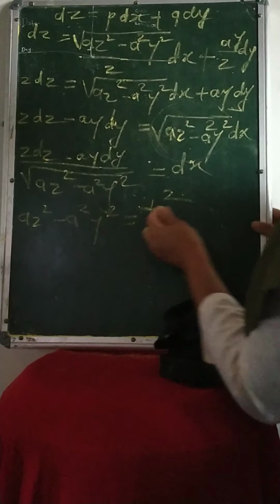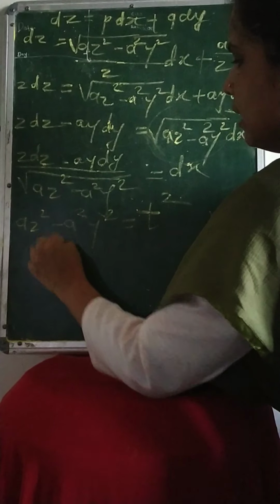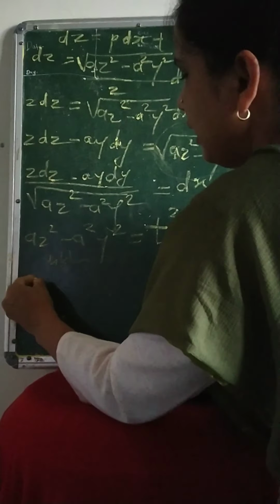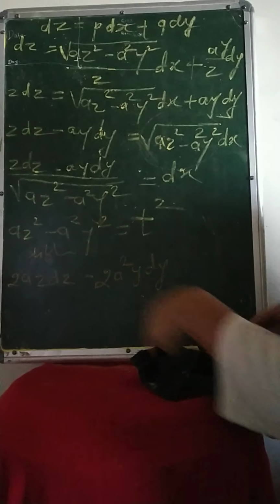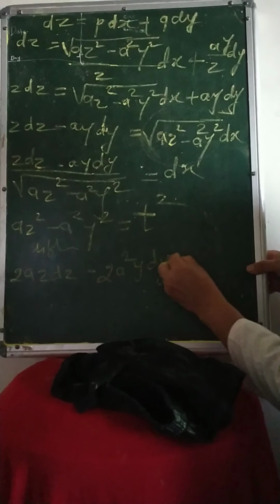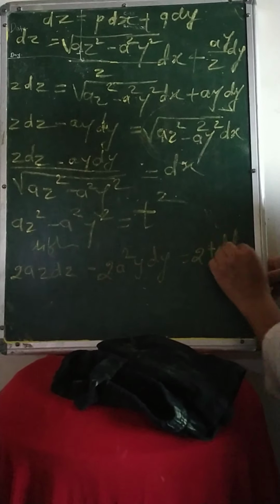Now we differentiate this term. So what we get: twice a z dz minus twice a square y dy, its derivative, y square's derivative is 2y dy, and a square is constant as it is, equal to twice t dt.